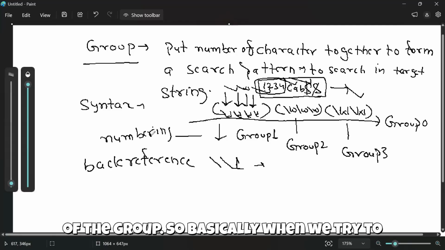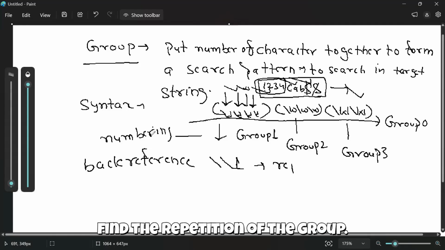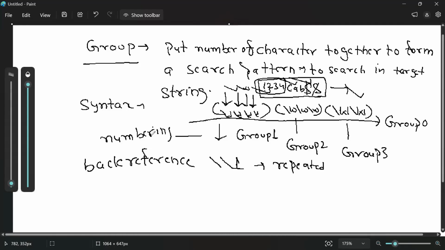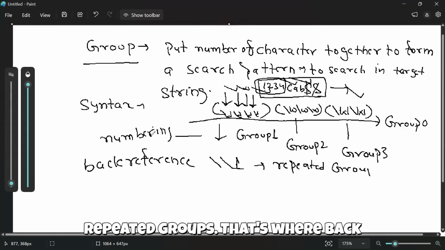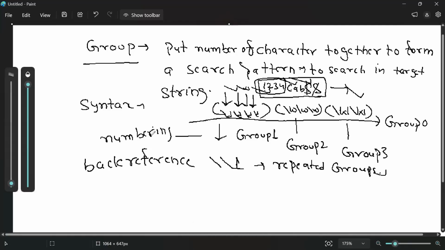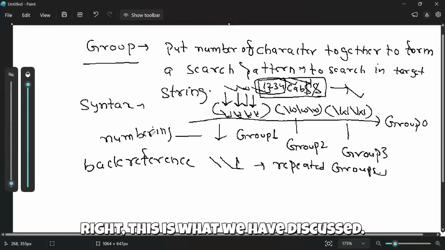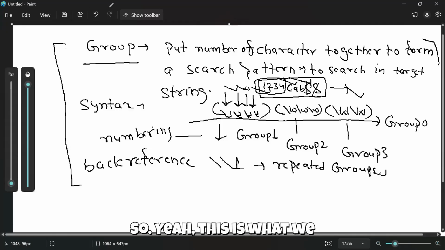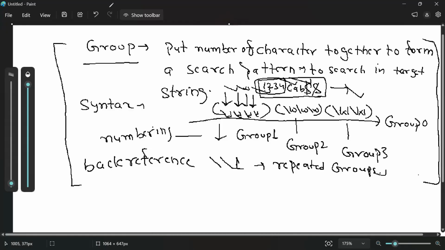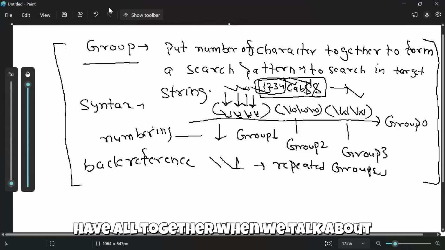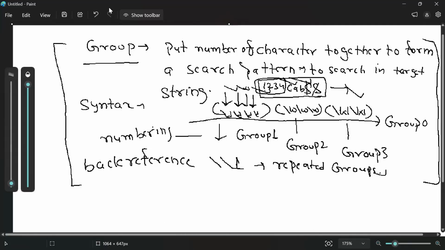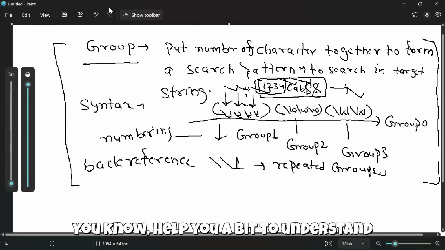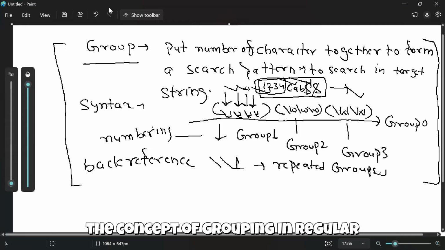So basically, when we try to find the repetition of the group, repeated groups, that's where we use back reference. This is what we have discussed in grouping. So this is what we have all together when we talk about groups. I hope this will help you a bit to understand the concept of grouping in regular expression.